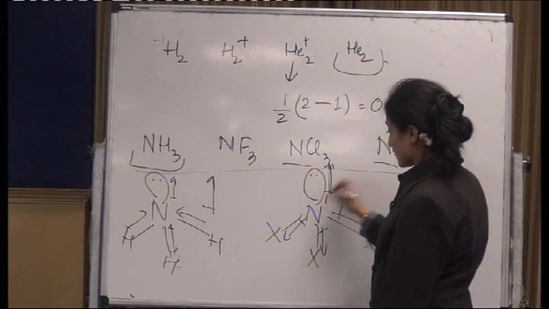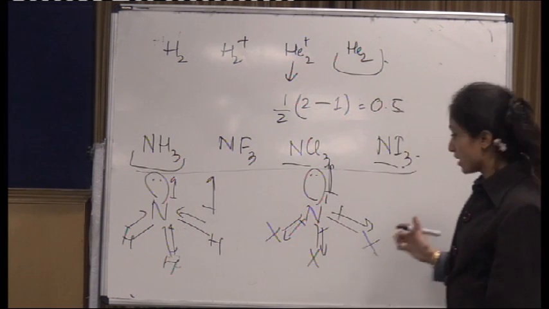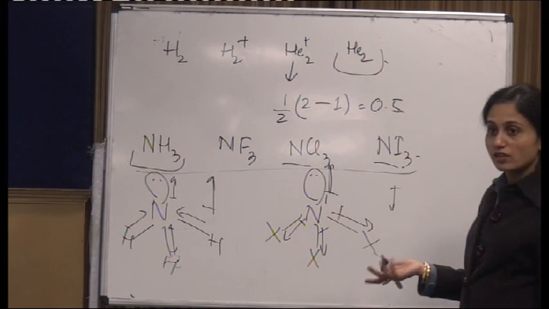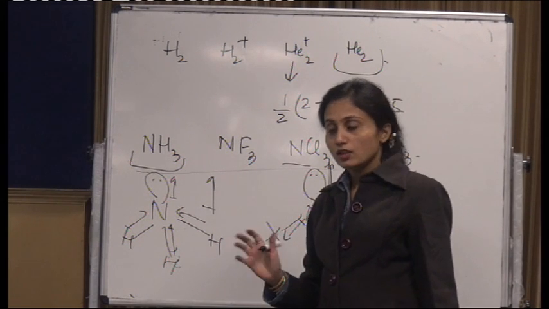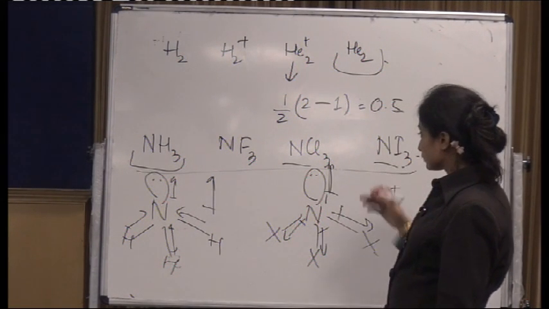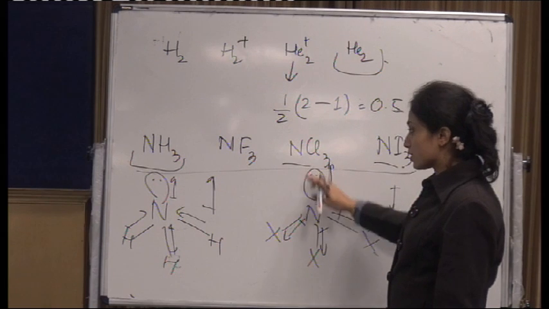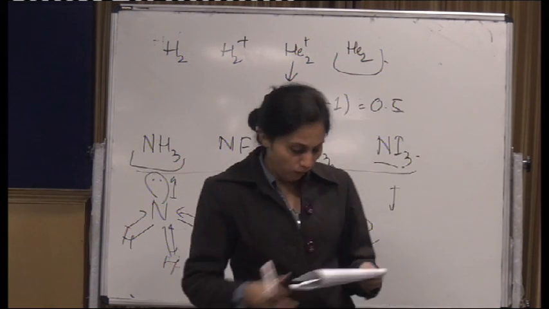So in that case they just cancel out the effect, and the net may be in the downward direction or upward depending upon the magnitude, and therefore this will be lesser than that of NH3.